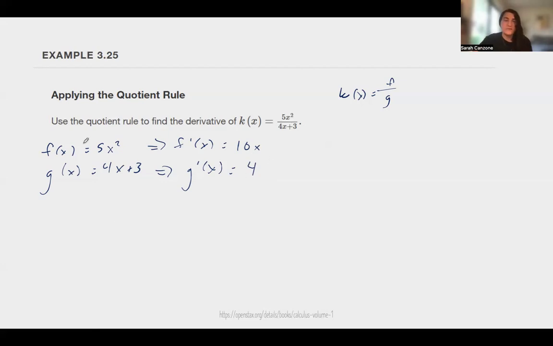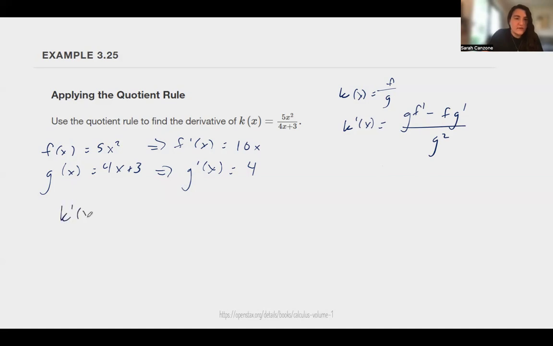So now we have all of the information that we might possibly need, and we know that k prime of x is g f prime minus f g prime over g squared. This is probably the more simplified way. I think if you add the x's, it's maybe a little bit hard to remember. So this is the more simplified way of looking at it. We can just plug right into the formula once we have all of the information written down.